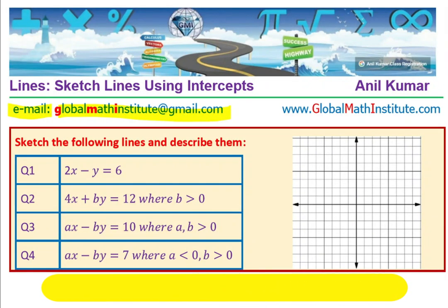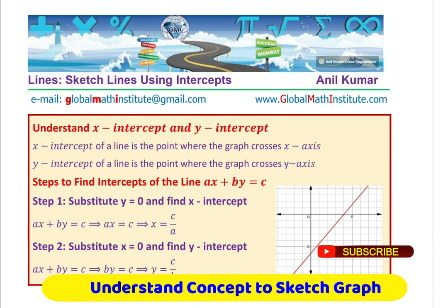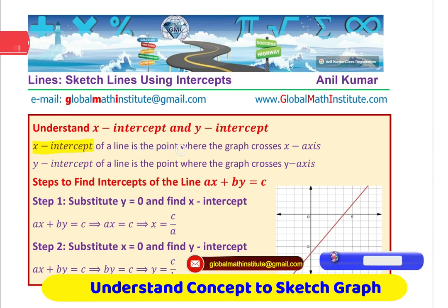Now, to begin with, let us first understand what is the equation of a line, and what are x and y intercepts. Here, I'll take a moment to define what is the x-intercept and what is the y-intercept. The x-intercept of a line is a point where the graph crosses the x-axis.